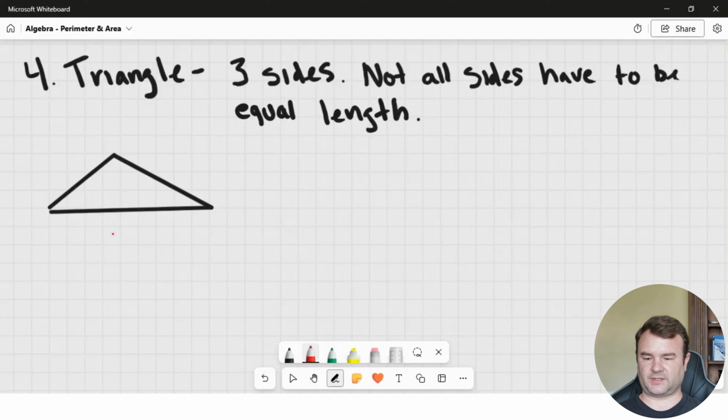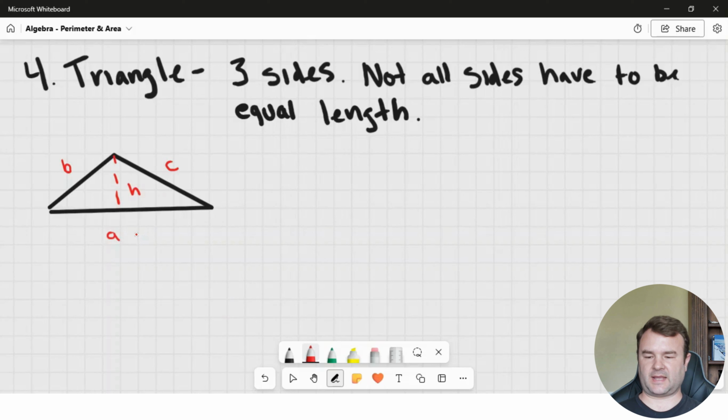So we'll say this is side A, side B, and side C. And then to help us, we're going to define this as the height. So this triangle has sides A, B, and C, all different measures, and has a certain height.